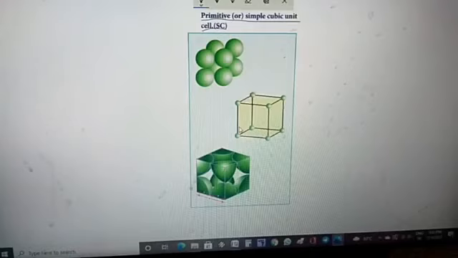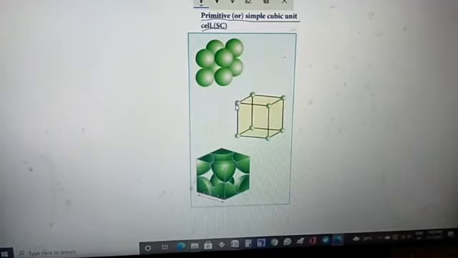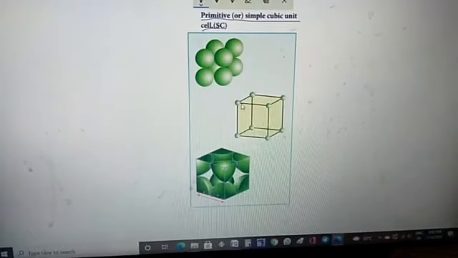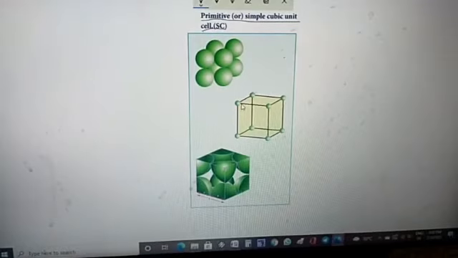So only 1 by 8 of an atom belongs to that particular unit cell. Why? Because each atom is shared by 8 unit cells, so for a particular unit cell only 1 by 8 belongs.